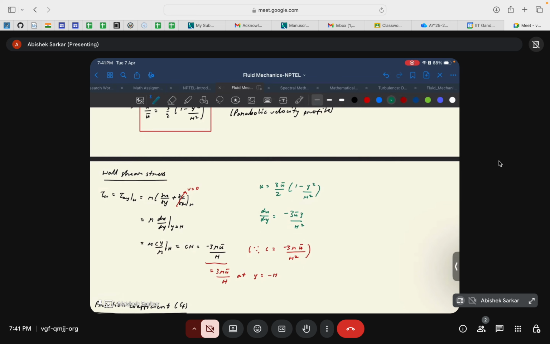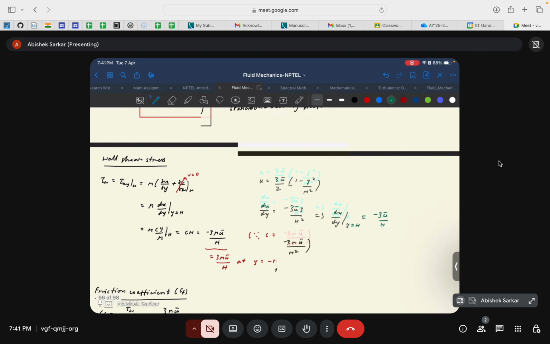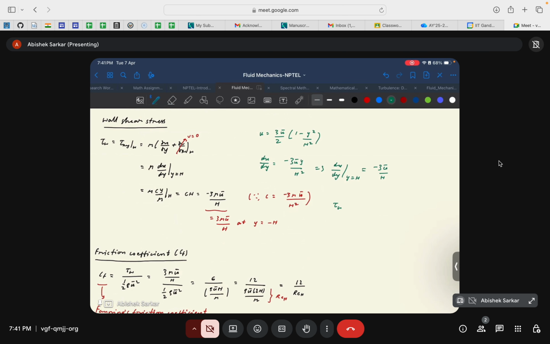If you substitute the value of y as h, you will have du by dy at y equal to h equal to minus 3 u bar by h. So tau wall would be mu times du by dy at h, which is minus 3 mu u bar by h. Quite simple to understand, so I think we can proceed further.